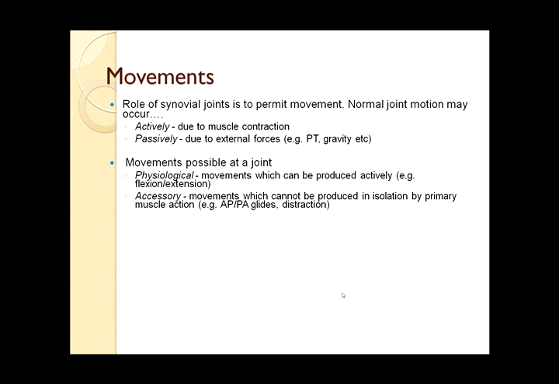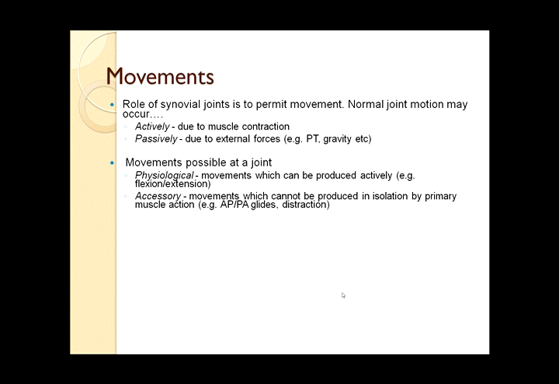A movement that can be produced actively due to primary muscle action is known as a physiological movement. For example, flexion extension at the elbow, flexion extension at the shoulder, abduction at the shoulder. Occasionally, we will come across movements that are possible at a joint but cannot be produced in isolation by primary muscle action. These types of movements are known as accessory movements.